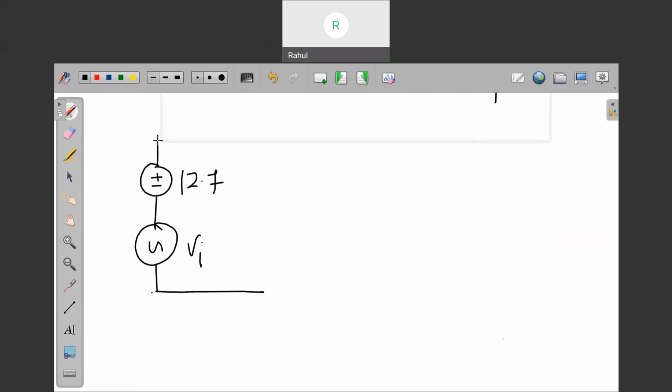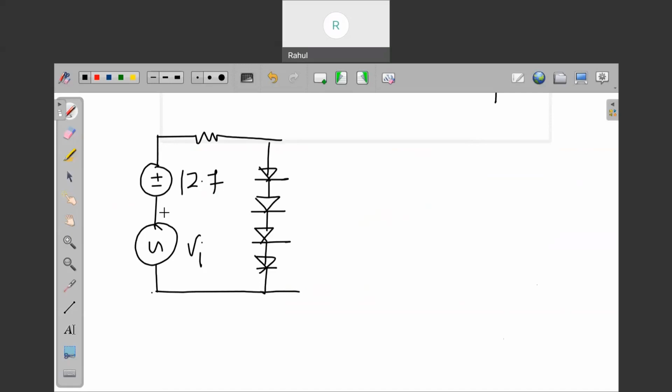The DC voltage is given to calculate the diode current, and the AC voltage is given to find the overall output. There are 4 diodes: one diode, second diode, third diode and fourth diode. This kind of configuration is given.